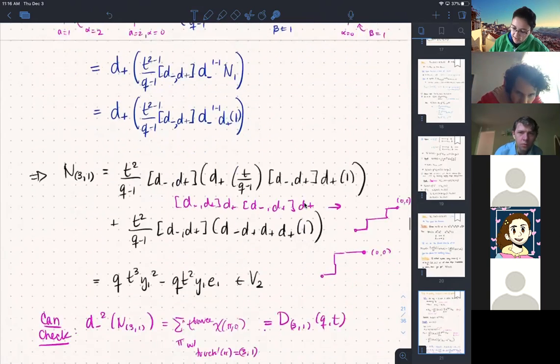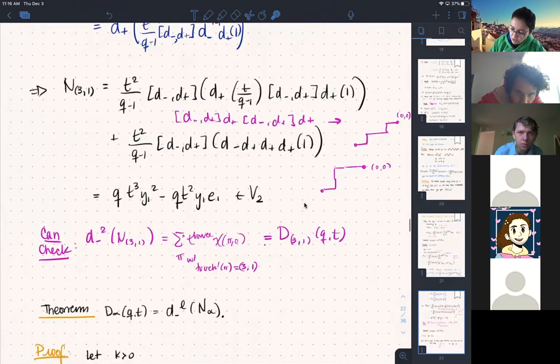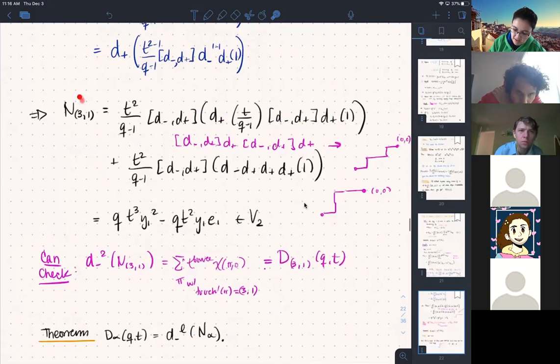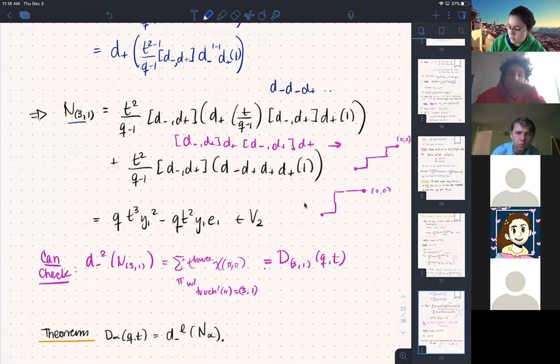And what we found at the end was that this n31 essentially decomposed into a sequence of dict path functions. I didn't do it here, but if you actually go through and work this out, this n31 decomposes into d plus or d minus, d plus, and so on.